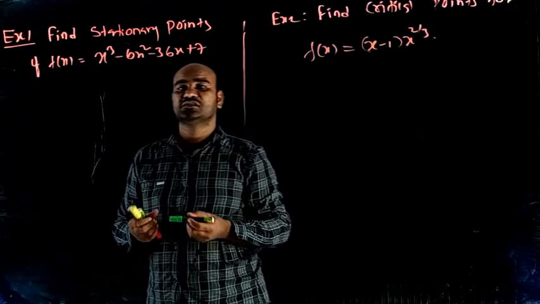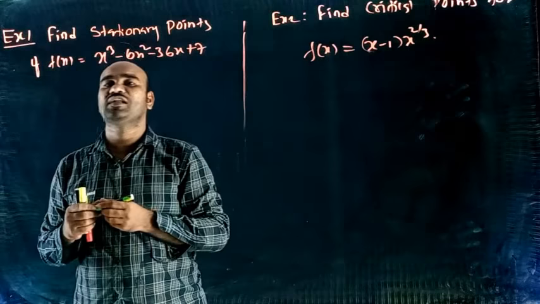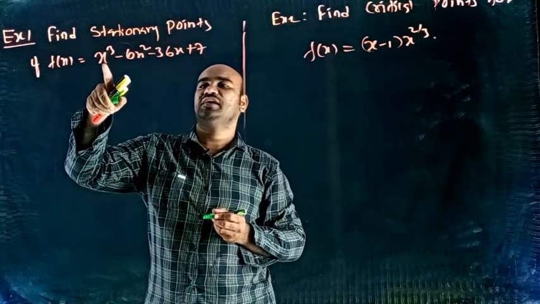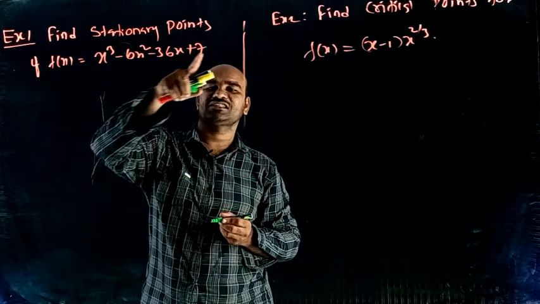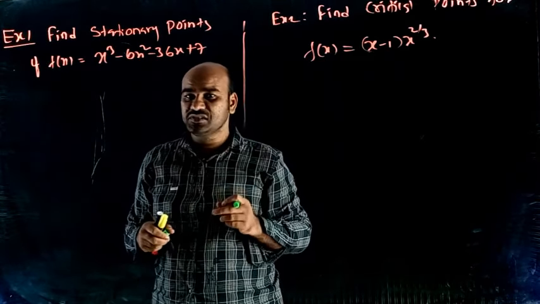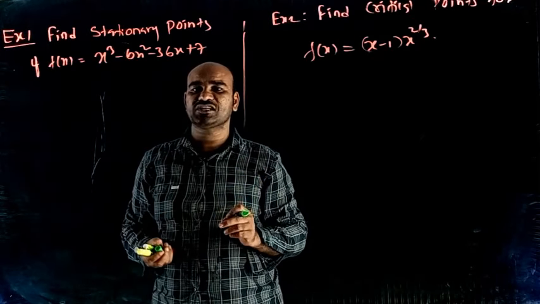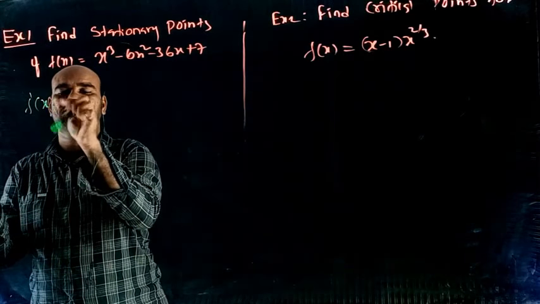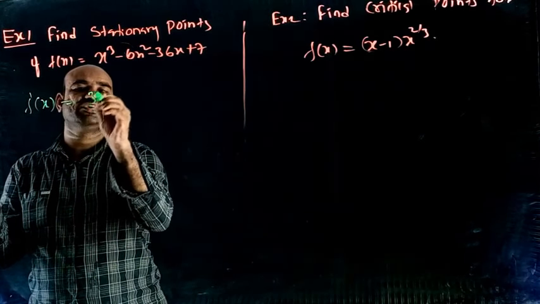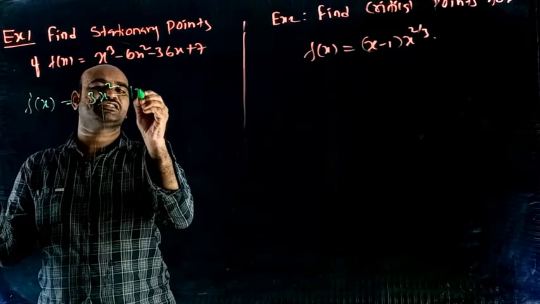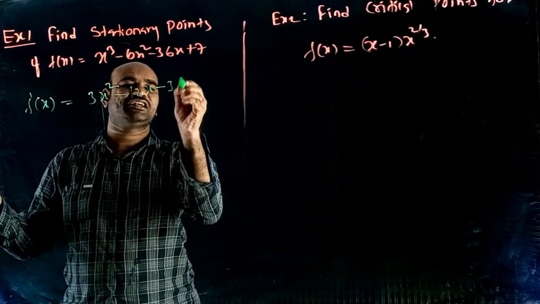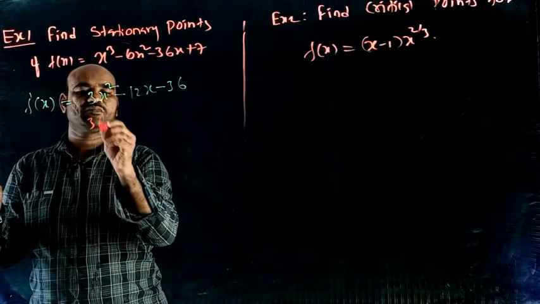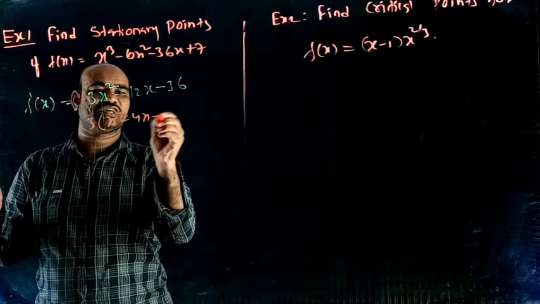Okay, students. See here, example 1. Find the stationary points of f of x equal to x cube minus 6x square minus 36x plus 7. Stationary points means the points x so that f dash of x equal to 0. That's all. Just find f dash of x equal to 3x square minus 12x minus 36. Here if you take 3 common, x square minus 4x minus 12.